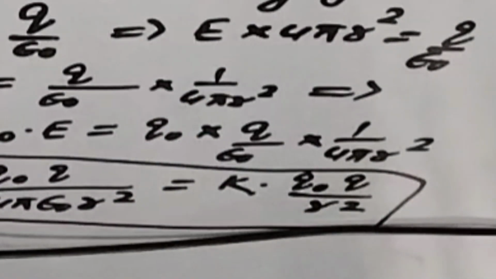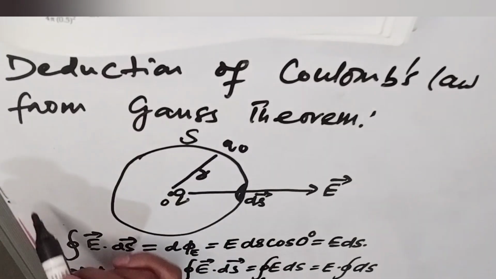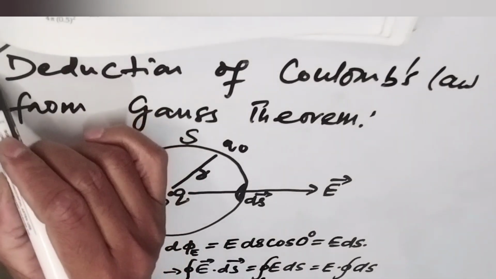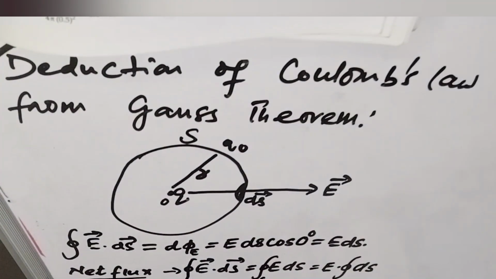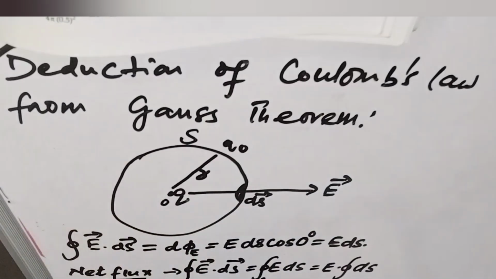This means the derivation of Coulomb's law is possible from the Gauss theorem, right? And this is one of the frequently asked questions in the board examination. Deduction of Coulomb's law from Gauss theorem, right?